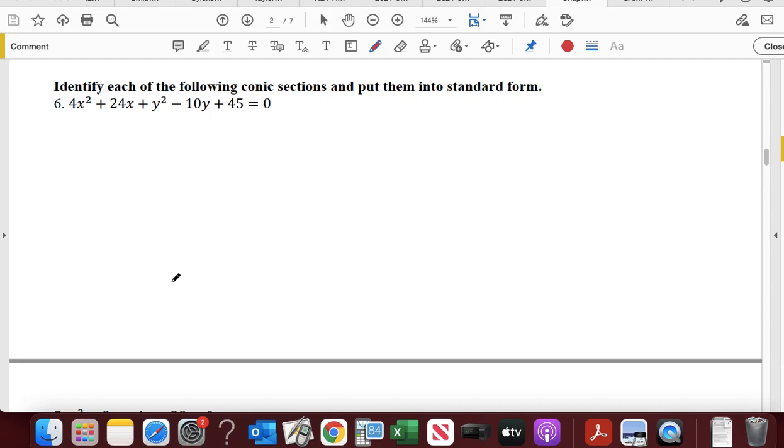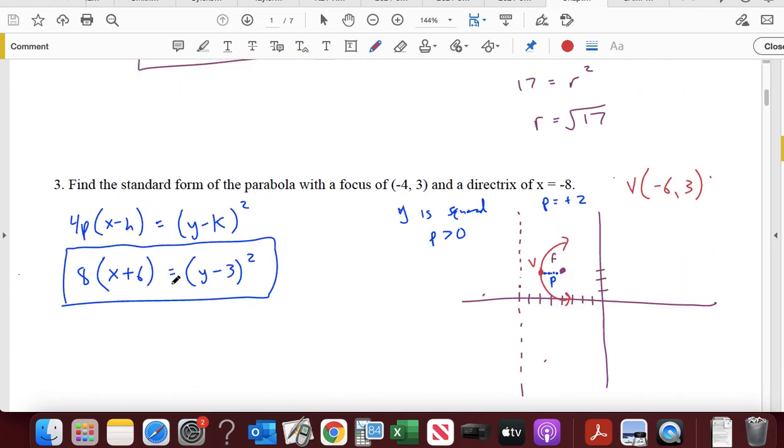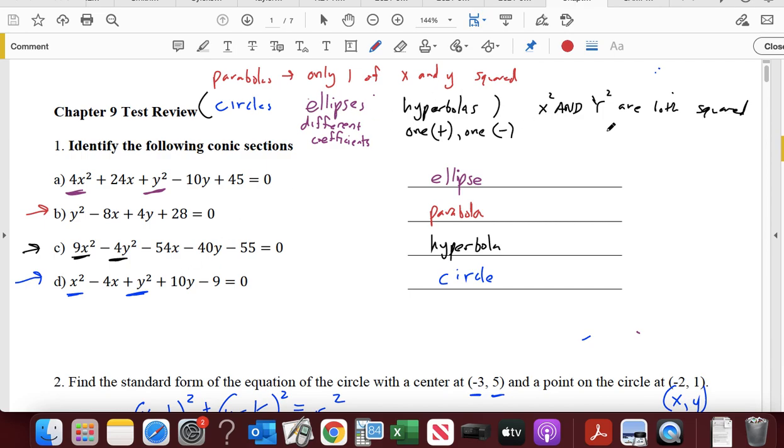Okay, now we're identifying each of the following conic sections and putting them into standard form. Now, again, we can use these same examples up here, and how we tell if something's a circle, ellipse, hyperbola, or parabola. So again, circles and ellipses have the same sign, same coefficients for circles, different coefficients for ellipses.